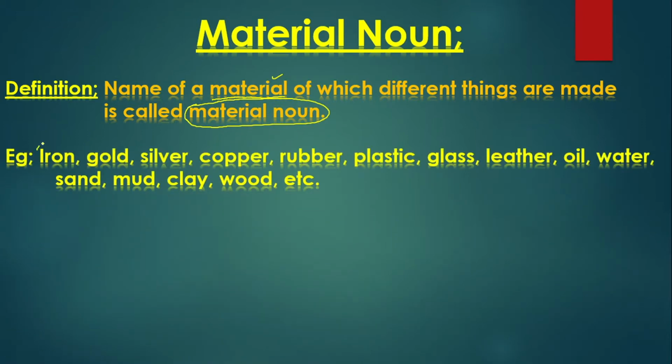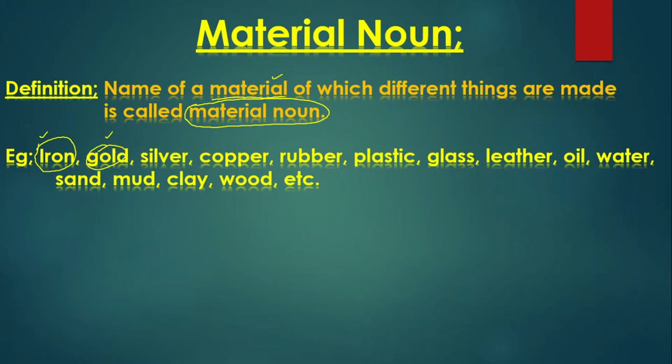Now see, what are the examples of material noun? Iron. Now iron is a material by which you make different things, like you make car, aeroplane, etc. With the help of gold you make jewelry, you make bracelets, you make rings. You have seen in the football World Cup the cup which is made of gold.